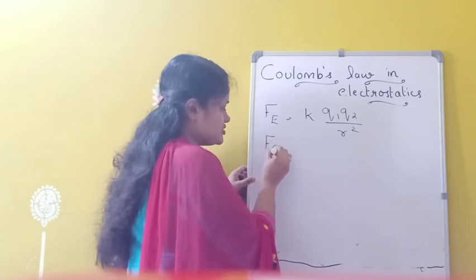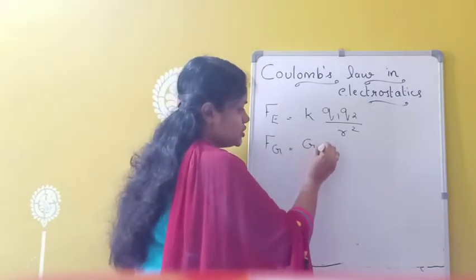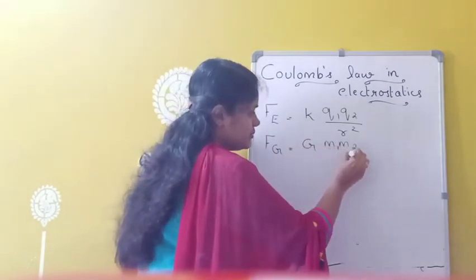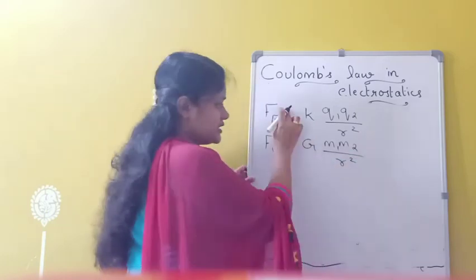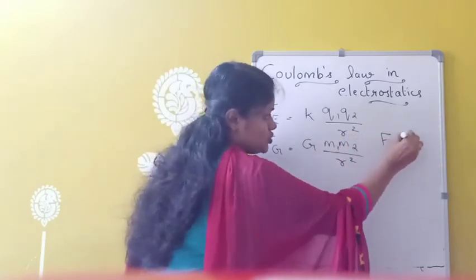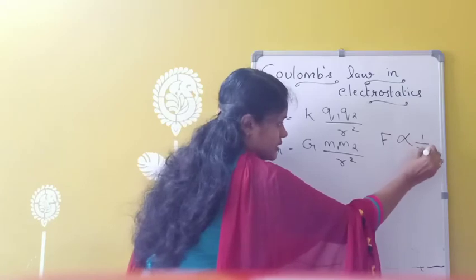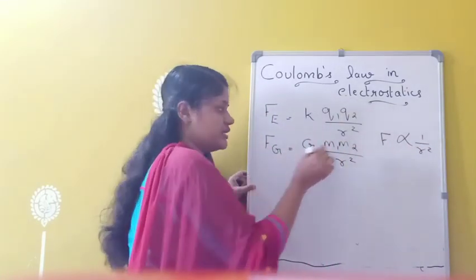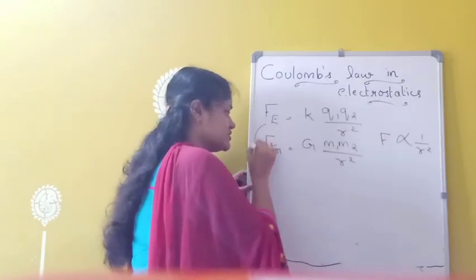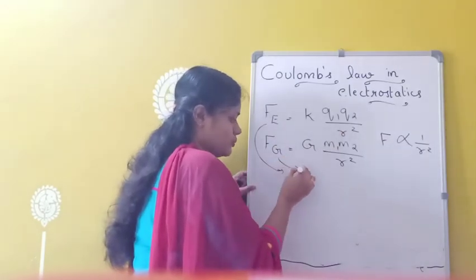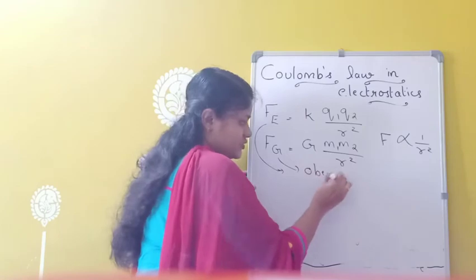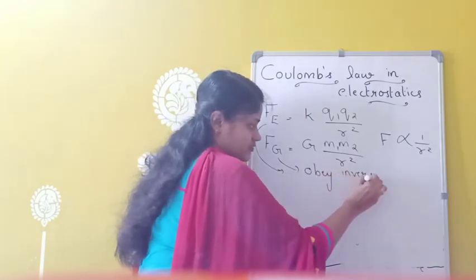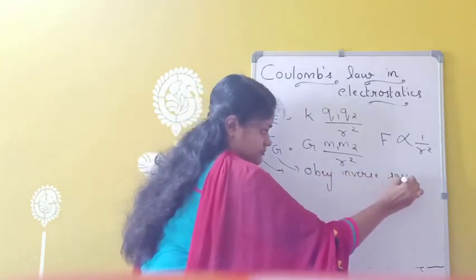Then gravitational force Fg equals G into M1 M2 divided by R square. So here both the forces are proportional to 1 by R square. That means both the forces obey which one? Inverse square law. So both electrostatic force as well as gravitational force obey inverse square law.